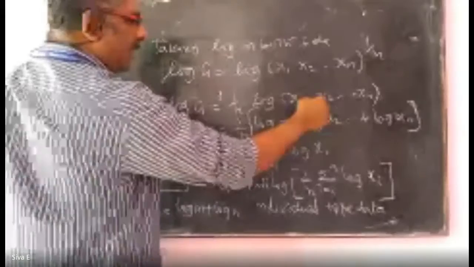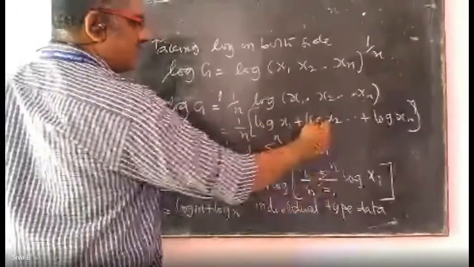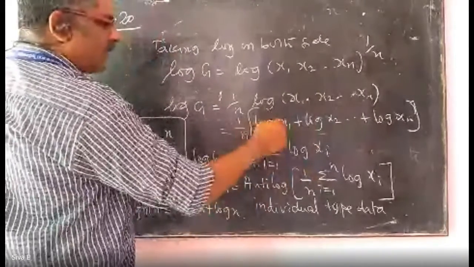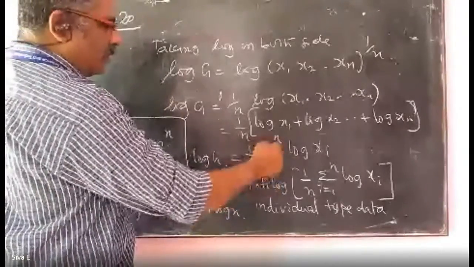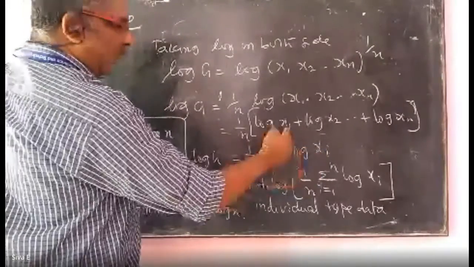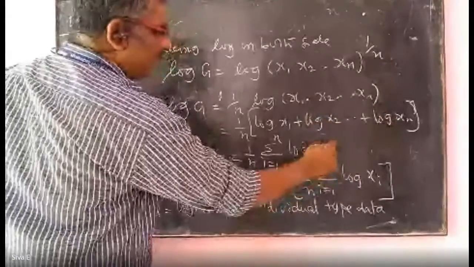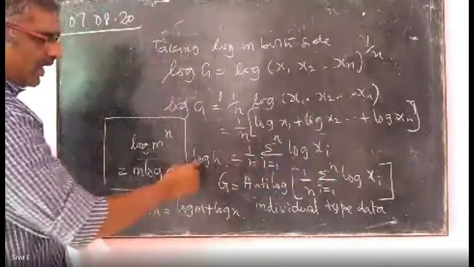So it means log x1 plus log x2 plus ... plus log xn, which can be written as summation of i equal to 1 to n log xi. I generally give x1, x2, ..., xn as xi. So here I am writing i equal to 1 to n, 1 by n, so log G.